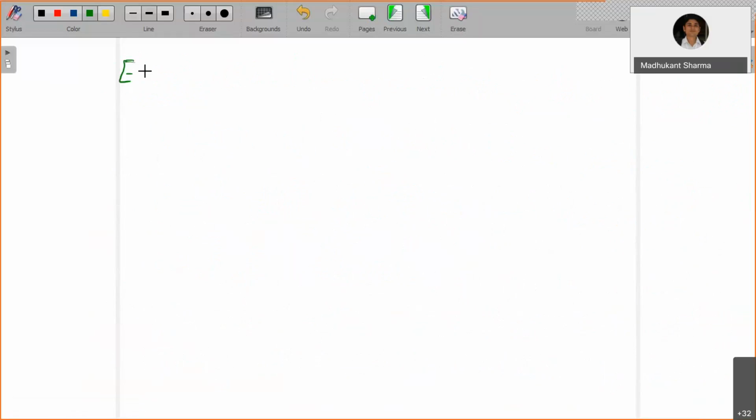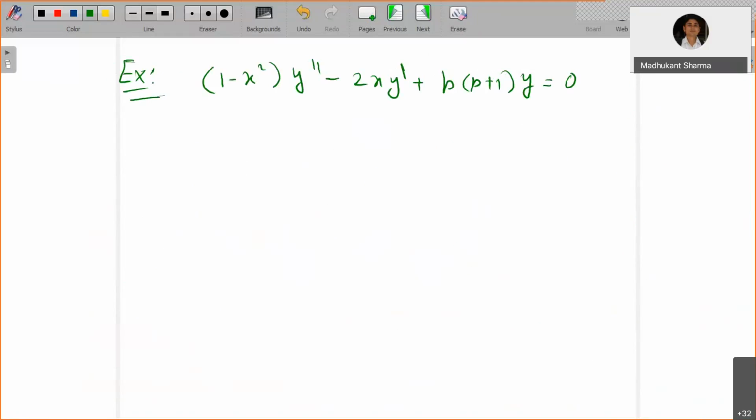I want to locate the possible singular points and ordinary points for this equation: (1 minus x square) y double dash minus 2x y dash plus p(p plus 1) y equals 0, where p is any arbitrary constant.